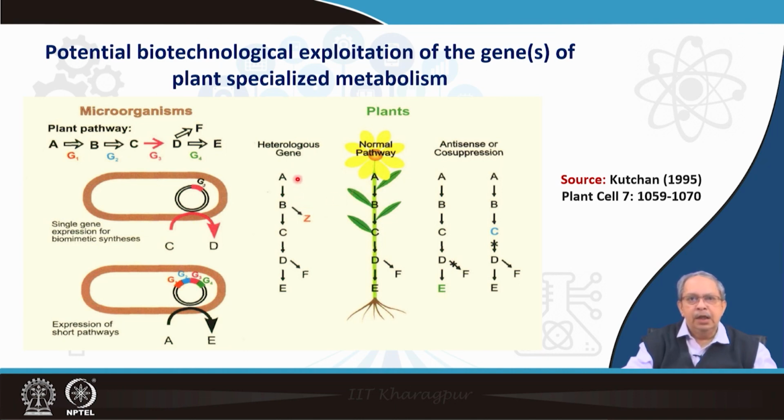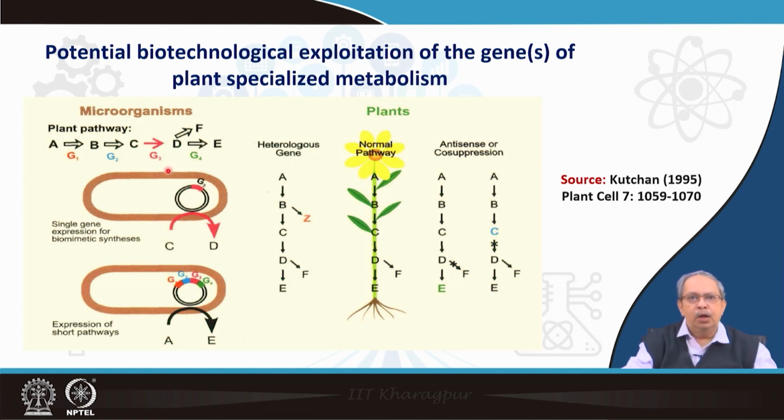In this case, the heterologous gene is expressed, which utilizes the substrate B and produces Z. So, here the substrate B will be competed for by both the endogenous enzyme, which converts B to C, as well as the heterologous enzyme, which converts B to Z, and if you use a strong promoter, there is every possibility that Z will be accumulated in higher amounts.